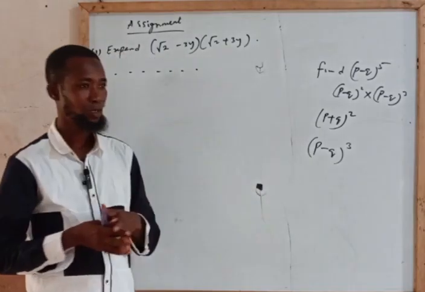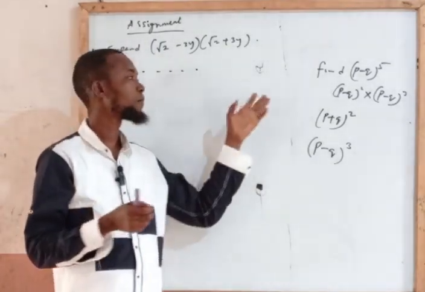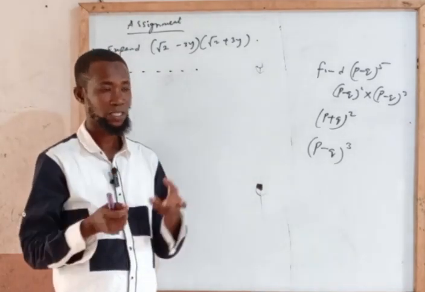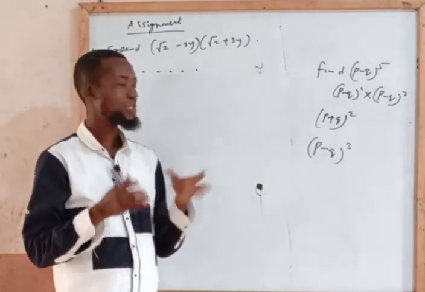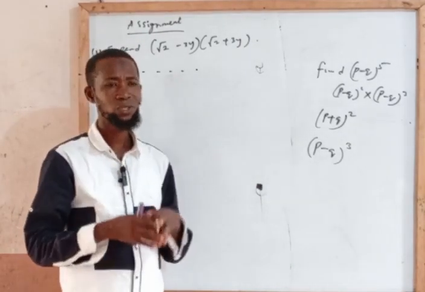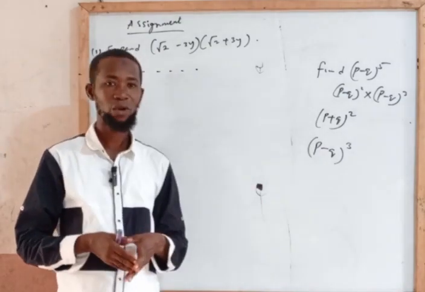identity. And also try and remember some of the advantages of these identities: they make our calculation faster. Not only that, it also helps us not to learn too many topics before we can address some questions.